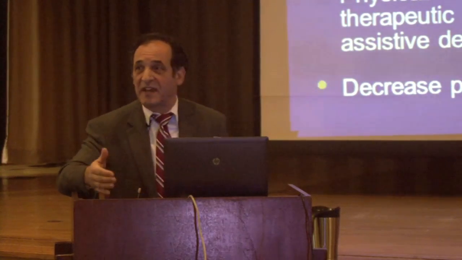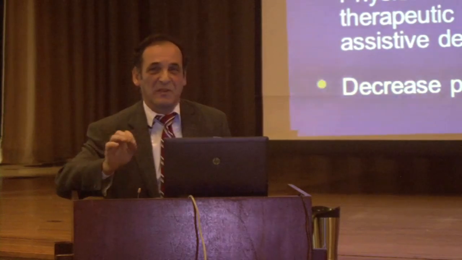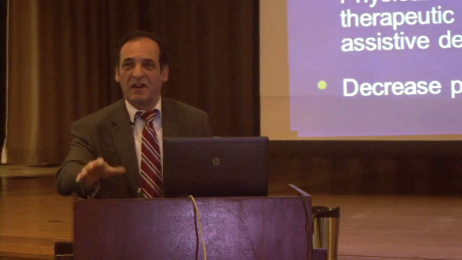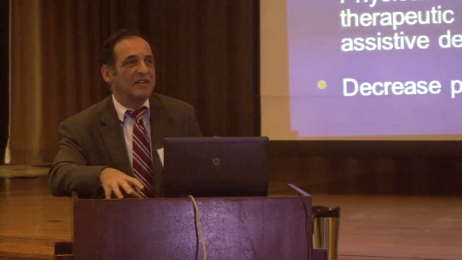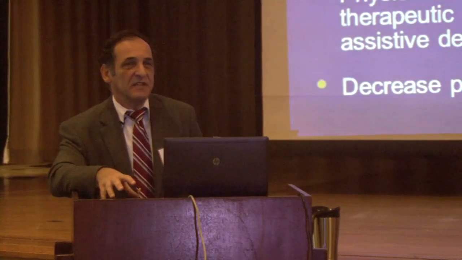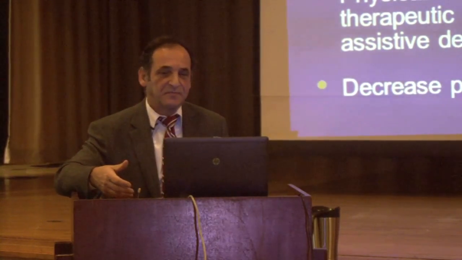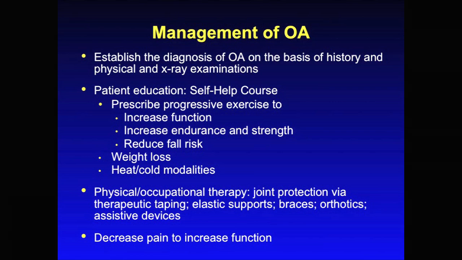Well, first we have to make an accurate diagnosis, and that's why, again, I come back to when teaching the medical house staff, we have banished the term arthritis. Arthritis is a family of conditions. It's not a disease. We want to make as accurate a diagnosis as possible so that we can treat as accurately and effectively as possible. So, diagnosis of osteoarthritis is based on history, physical examination, x-ray.